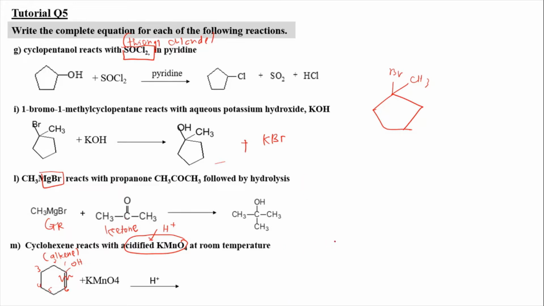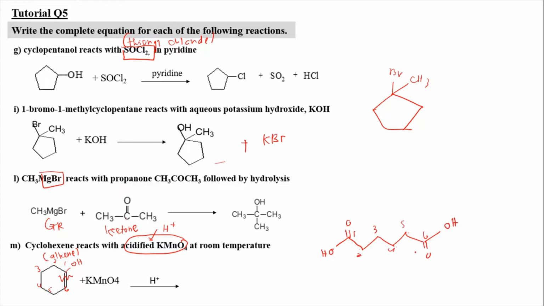So what you're going to do is that you're going to draw six straight carbon chain, which is 1, 2, 3, 4, 5, and 6. Check again, which is 1, 2, 3, 4, 5, 6. Okay, and at carbon number 1, it's going to produce a carboxyl group. Okay, and same goes to the carbon number 6 here, which is a carboxyl group.